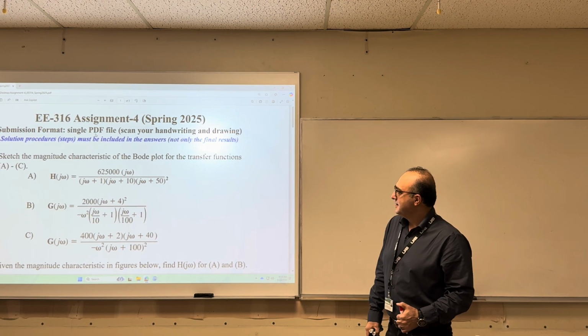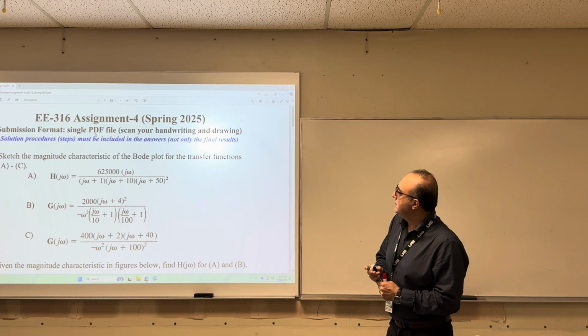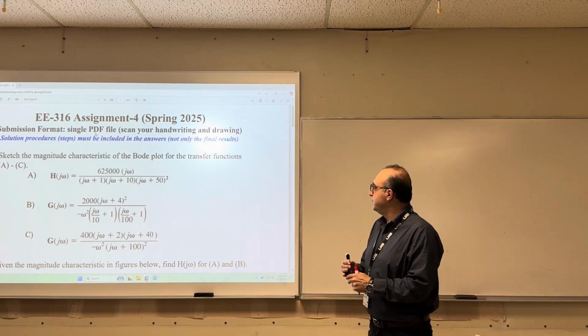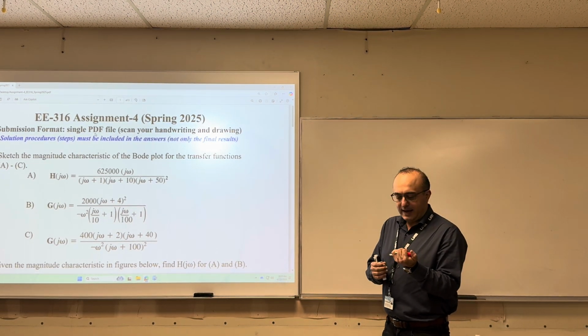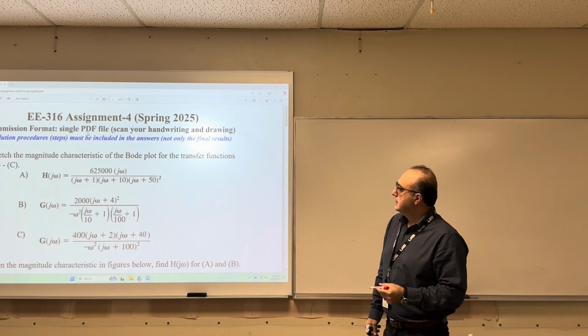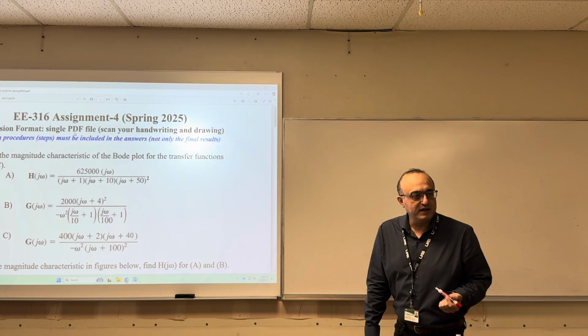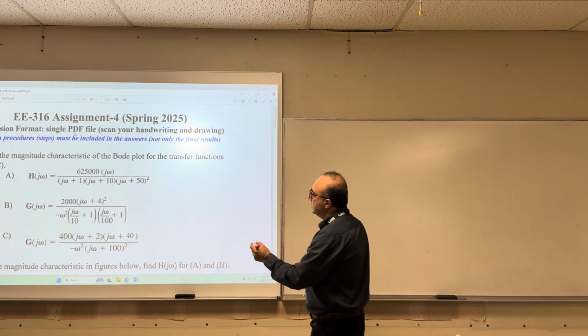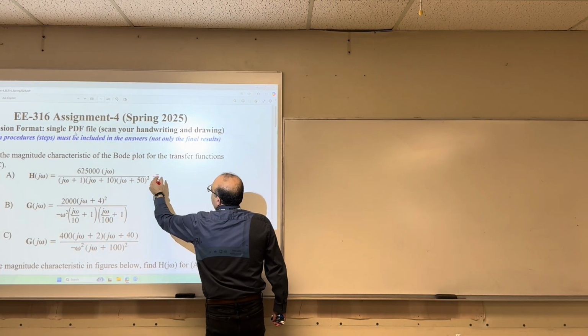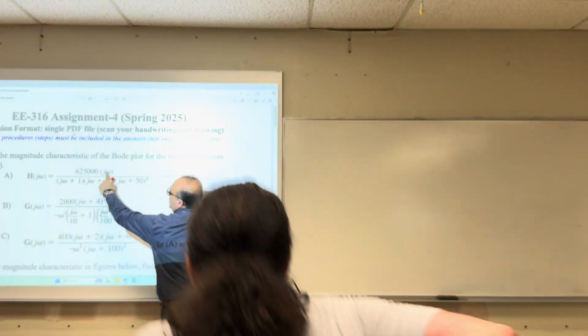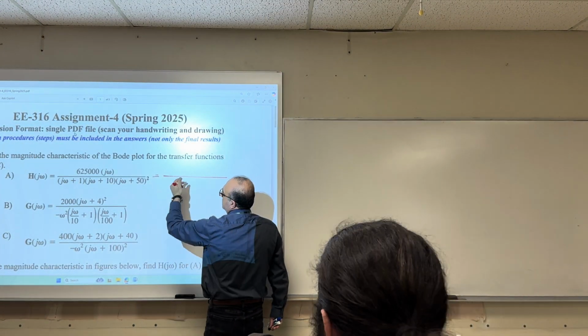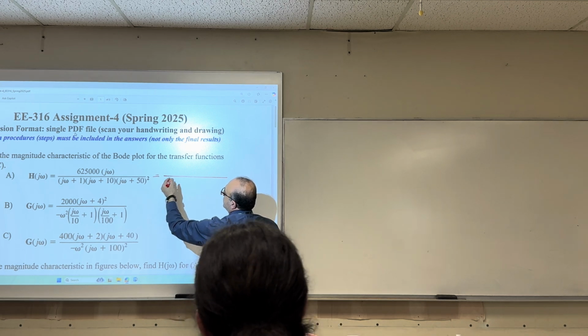We're good to go. Okay, so first question, we want to plot the Bode diagram. For part A, the first thing to do is convert it to the standard form, which means I don't need to touch this one because this is a simple zero at origin.